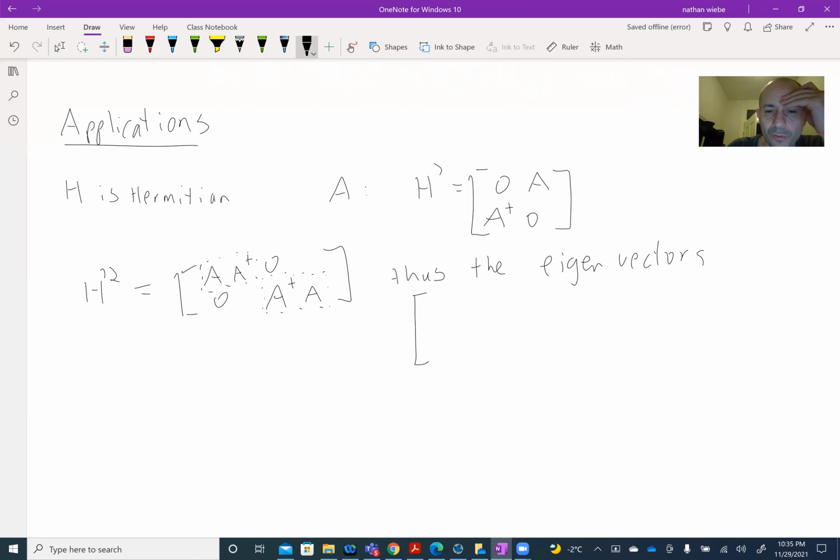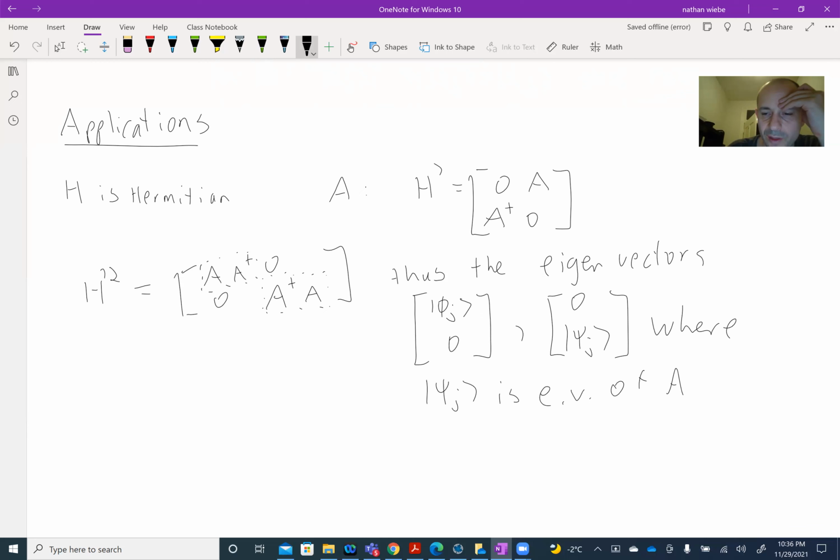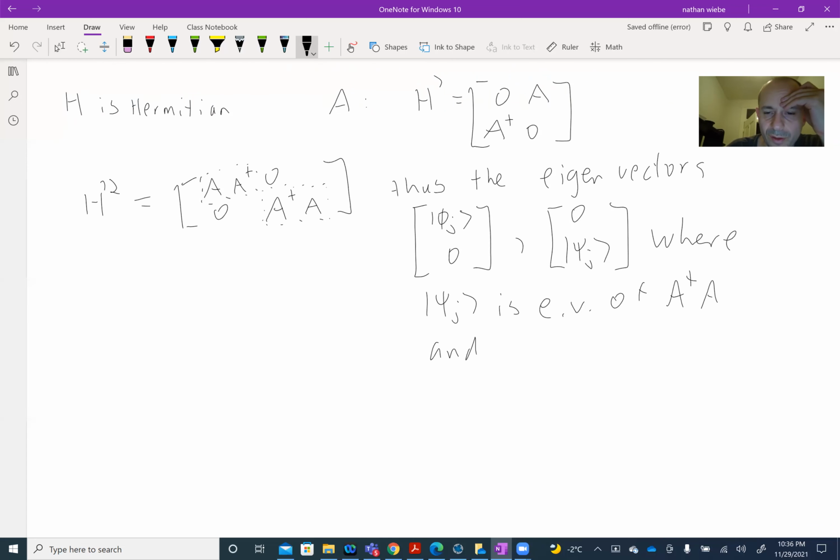If we're writing this in block form, the eigenvectors can be expressed as phi j, 0, or 0, psi j, where psi j is an eigenvector of A dagger A, and phi j is an eigenvector of A A dagger.